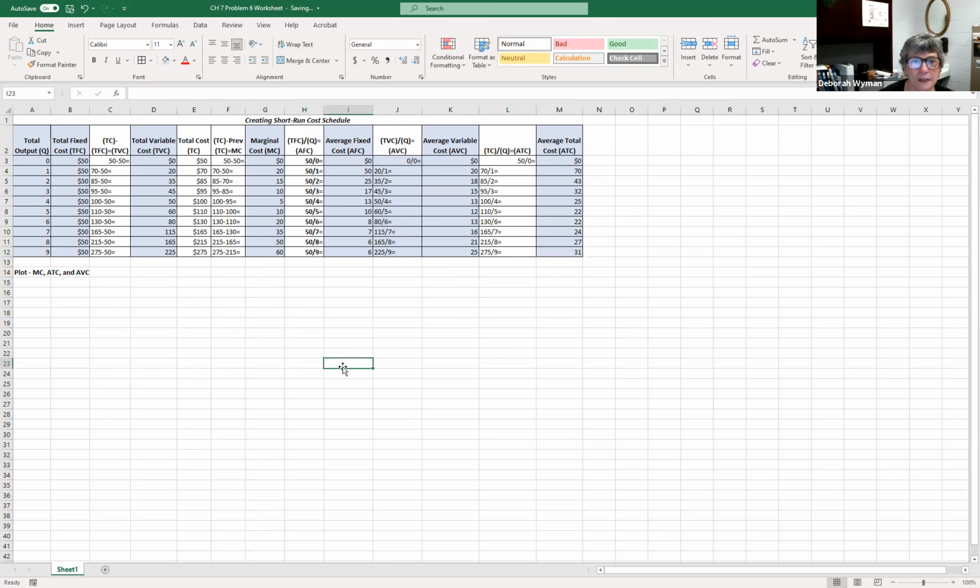Okay, so now we have our chart completed. And if you wanted to, you could just copy these sections, and you would have your chart. This is not supposed to be blue, this is supposed to be white.